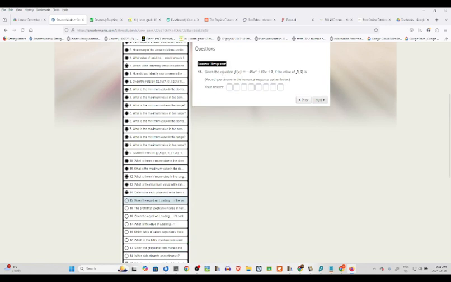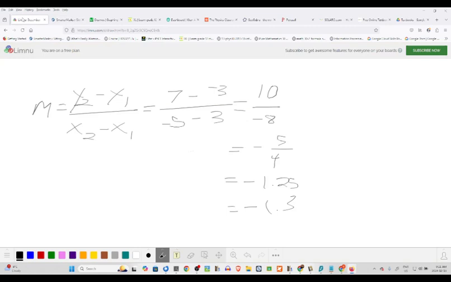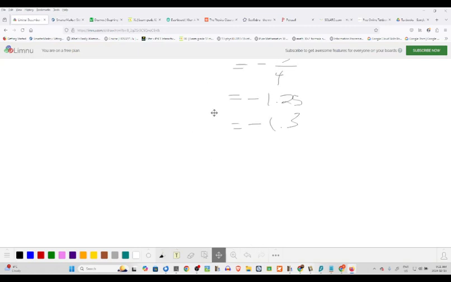So now, given the equation here, f(x) = -48x² + 42x + 2, the value of f of 6. So this is part 1, where we are substituting.